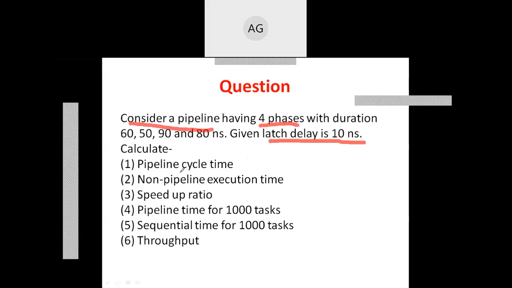You need to calculate these six. First, you need to calculate the pipeline cycle time. Second is the non-pipeline execution time. Third is the speed up ratio. Fourth is the pipeline time for 1,000 tasks. Then the sequential time for 1,000 tasks. And last is the throughput. So these six you need to calculate.